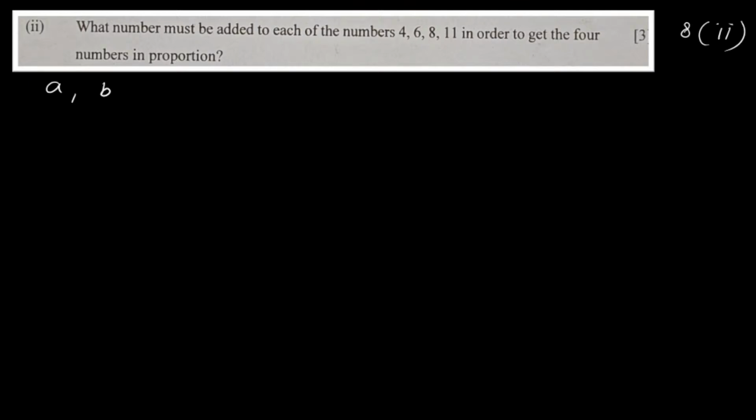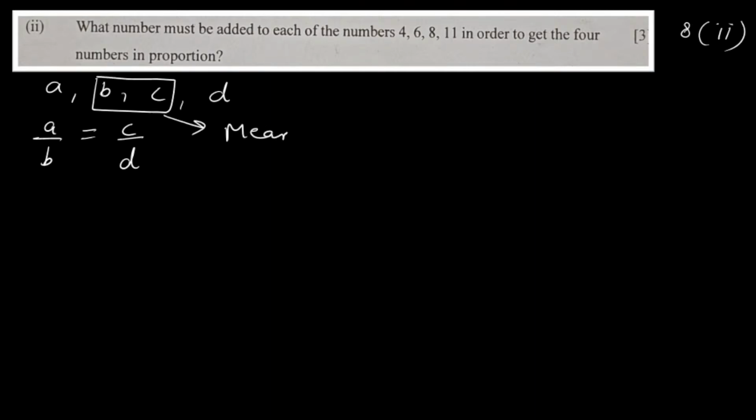Suppose I have four numbers A, B, C, D. These numbers will be proportional if A by B is equal to C by D. When two ratios are equal, the four numbers are proportional to each other. Also, the middle ones are known as means, and the outer ones are known as extremes.